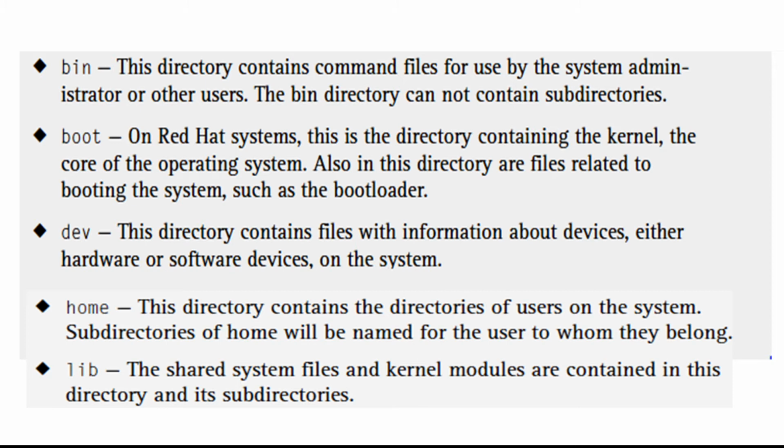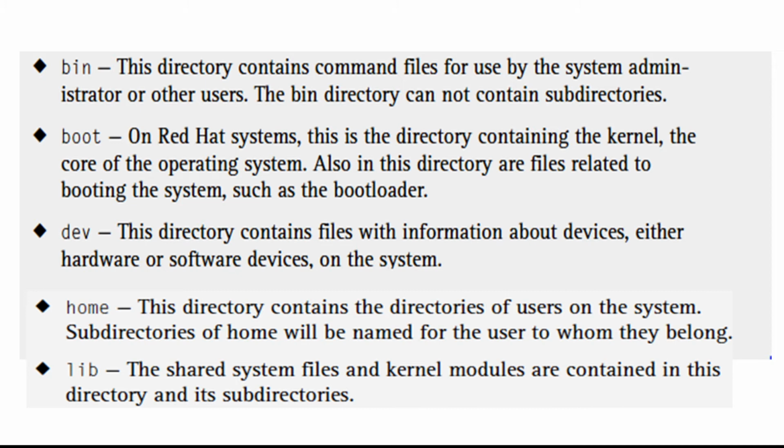When you start the system, the bootloader program launches automatically, and this contains the kernel and the core operating system code. That is all stored in the boot directory. Then the dev directory contains files and information about hardware and software devices on the system.